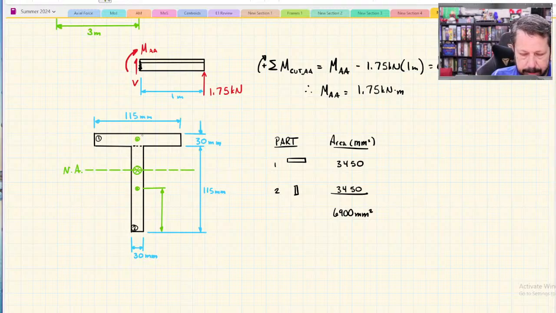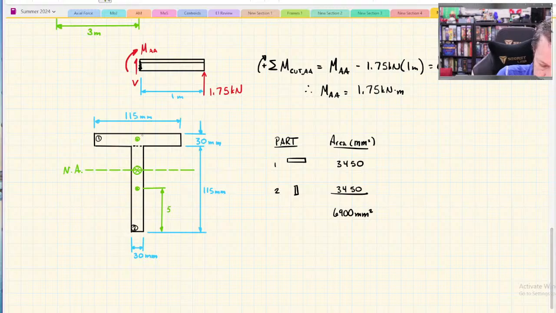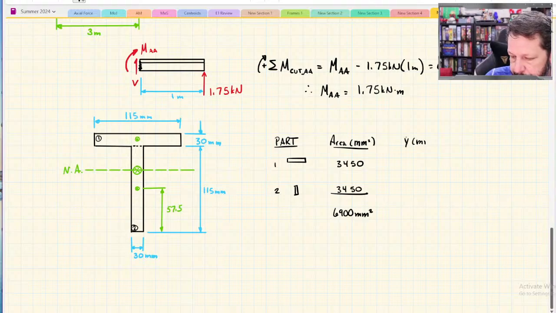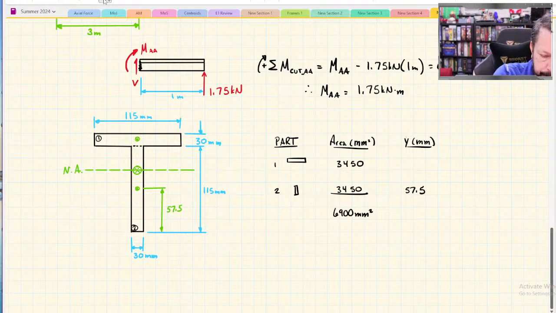So here, the height I just drew is 115 divided by 2, 57.5. That's for part 2, so let's put that in the y value over here for part 2. And then part 1, we'll put it here. I don't like crossing other dimensions, but that's what we're going to do.